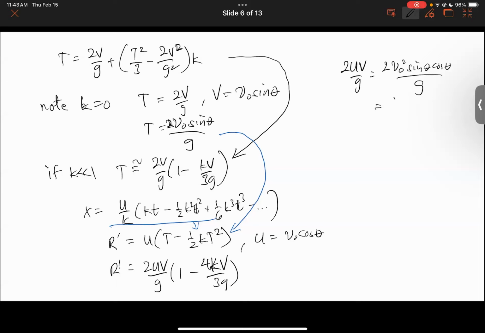So this is nothing but v naught squared over g sine 2 theta. So our r prime is just v naught squared over g sine 2 theta times 1 minus 4kv over 3g.